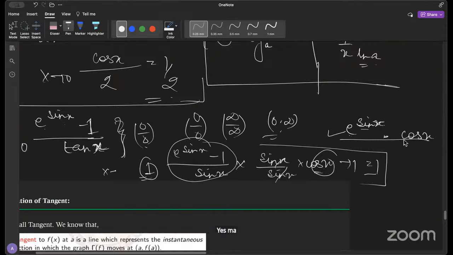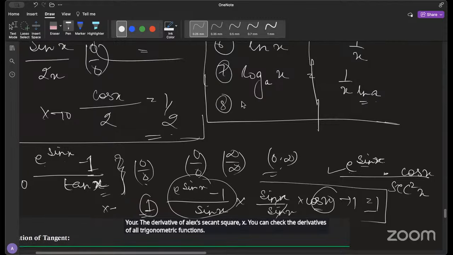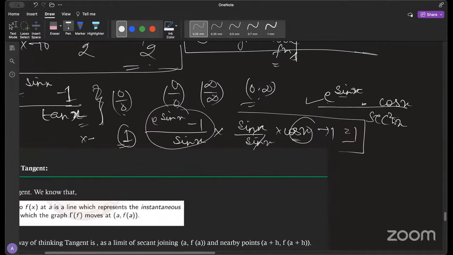That will give you e to the power sin x cos x, and then here you'll have the derivative of tan x, which is secant square x. You can check the derivatives of all trigonometric functions on Google. Your secant square is nothing but 1 by cos square, right?